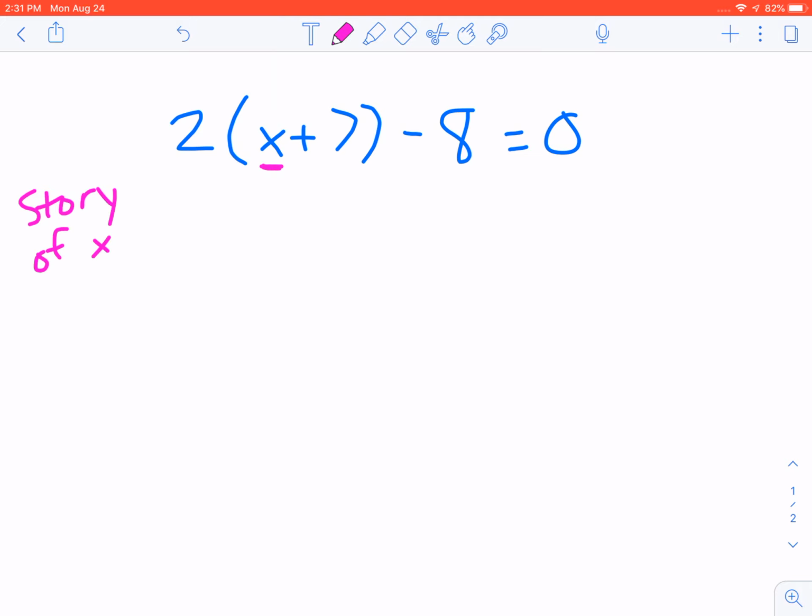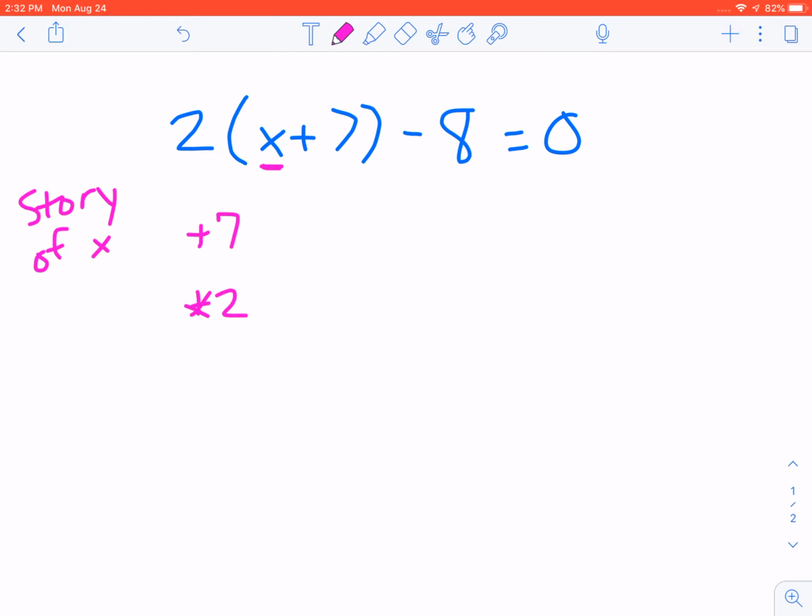So if I look at my x, the first thing that happens to my x is that we are adding 7. I'm just looking at order of operations starting with where x is, and the first thing that happens is I add 7. The next thing that we're doing is we are multiplying this by 2.